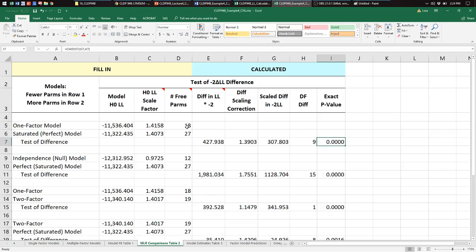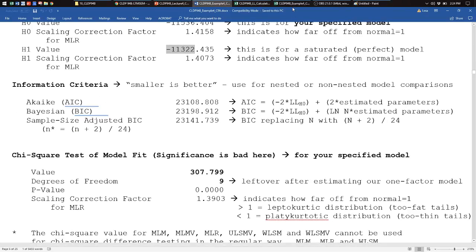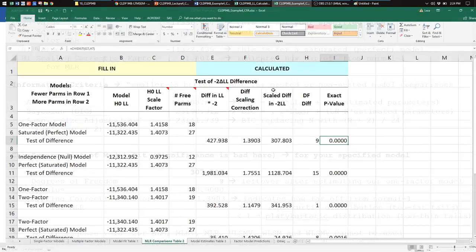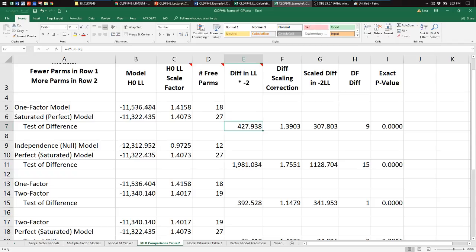So that calculation is done in the spreadsheet here. Or 307, excuse me. The raw difference between those two numbers in log likelihood is 427.